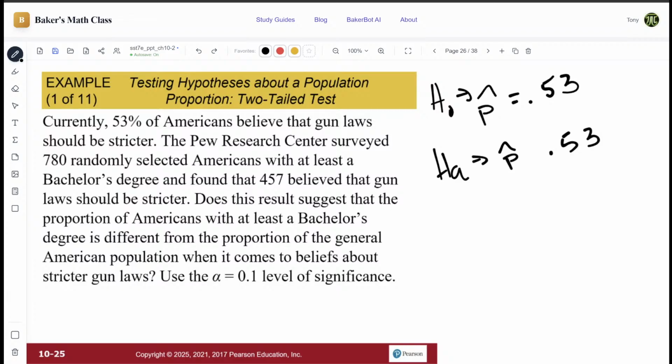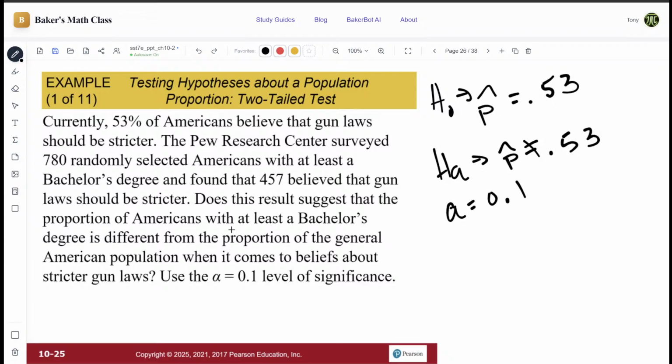Less than, greater than, or not equal to? Not equal. Why did she say not equal? Right. Different from. Okay. All right. And my level of significance for this case is 0.1.